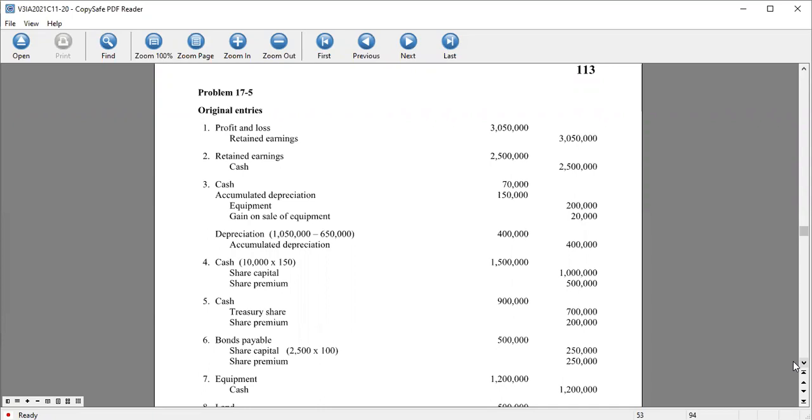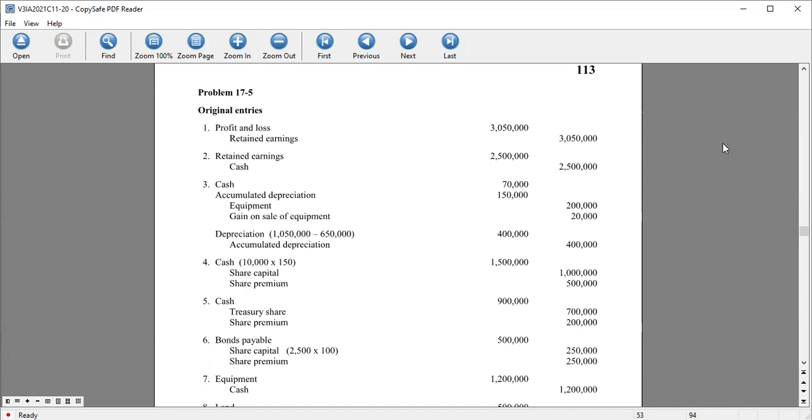The entity sold all of its treasury shares for 900,000 cash. Now you will notice that in the comparative statement of financial position in 2020, your treasury shares at cost had a balance of 700,000. However, in 2021, it's already zero because of this number 5 data.